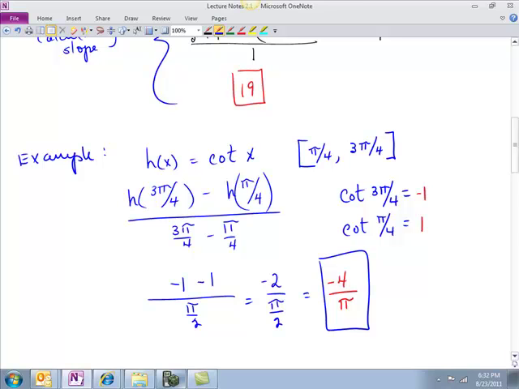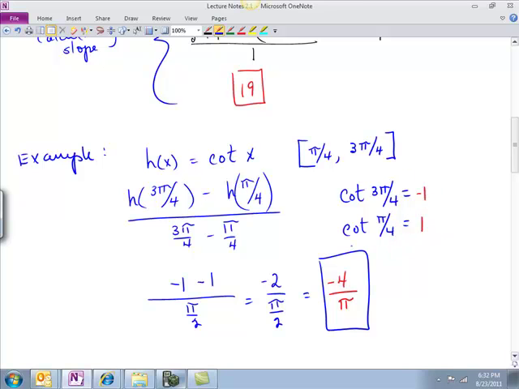Okay? h of x is cotangent of x over the interval pi over 4 to 3 pi over 4. In degrees, what's pi over 4? 45. Not that you have to think in degrees, but sometimes it's helpful. All right, so if we did h of 3 pi over 4 minus h of pi over 4 over those x values. Okay.